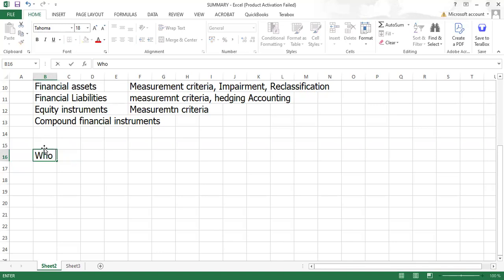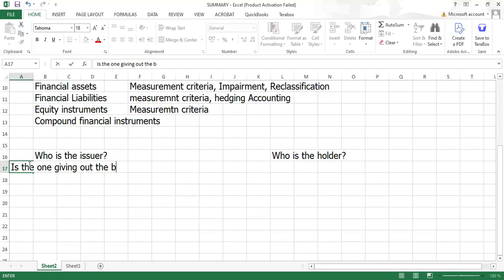So you will need to know who is the issuer and who is the holder. The issuer is the one giving out, for example, the bond, like the government bond, or a company can also give out a bond.